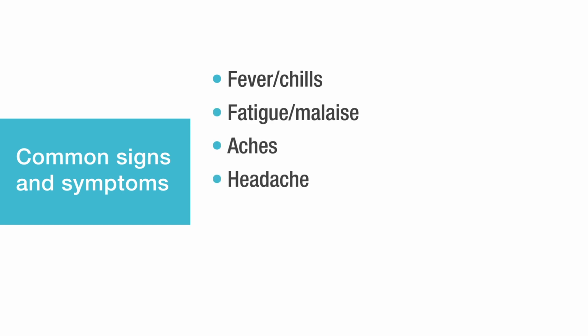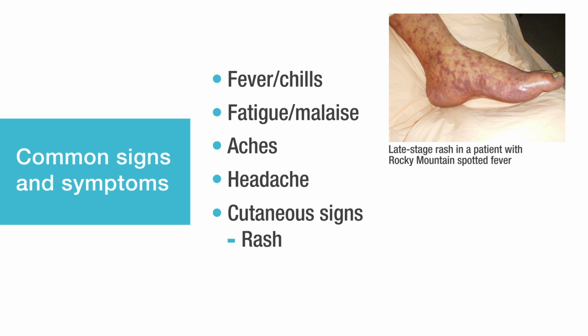Signs and symptoms of rickettsial disease can vary, but most patients experience fever or chills, fatigue, malaise, muscle or body aches, and headache within the first few days of illness. Rash may occur and is most commonly seen in RMSF and other spotted fever rickettsiosis.